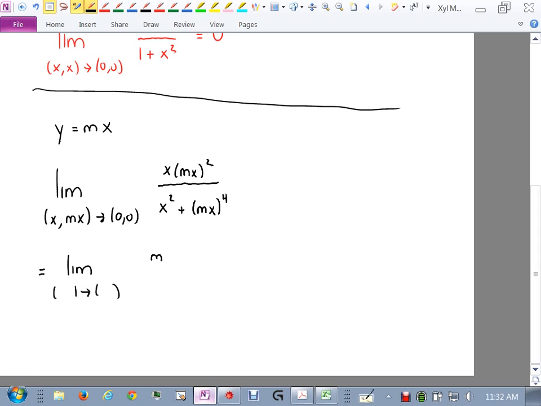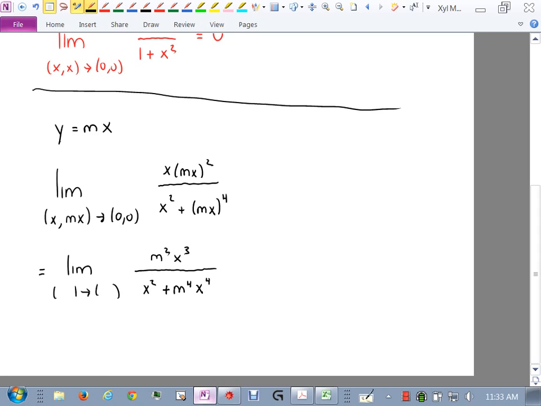Is that m squared x to the 3rd over x squared plus m to the 4th x to the 4th? Should have a plus between those, shouldn't I? Now remember, m is a fixed number, right? We're not letting m go to 0 or anything like that. What we're doing is we're saying, look, if someone gives you a slope, any slope, m, then this is what the limit's going to turn out to be.